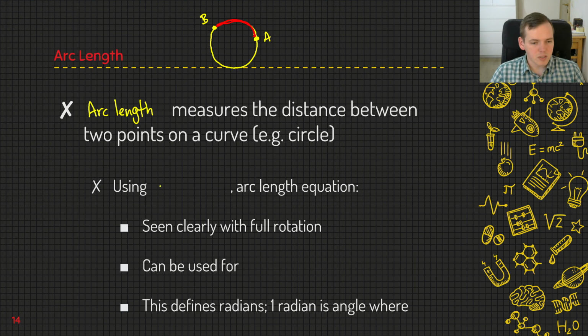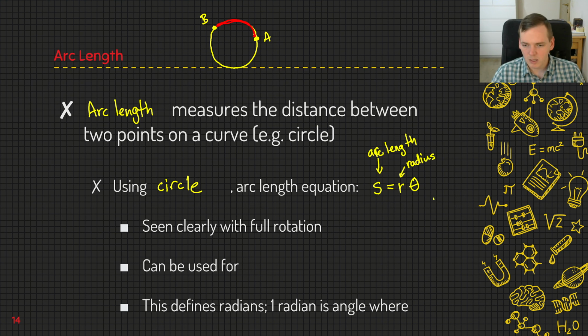But if we use this example of a circle, the arc length equation becomes nice and easy. It's that S, the arc length, is equal to r theta. So S is arc length. R is the radius of the circle. So this only works for circles.